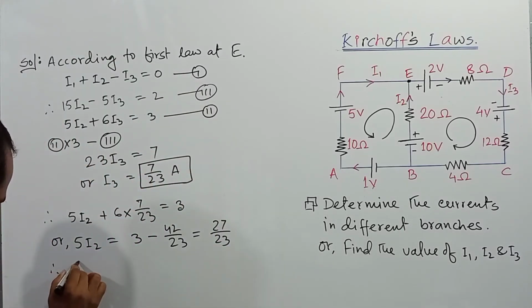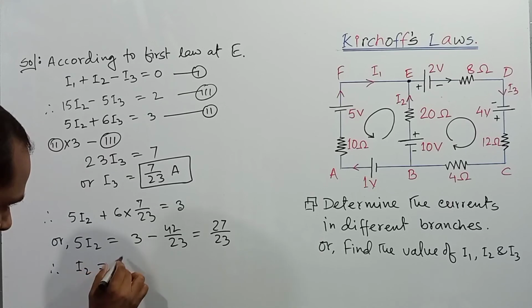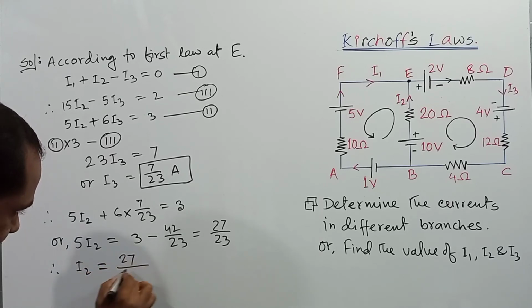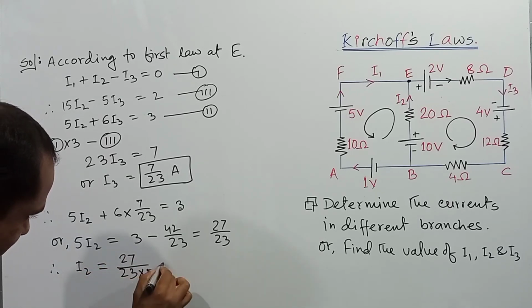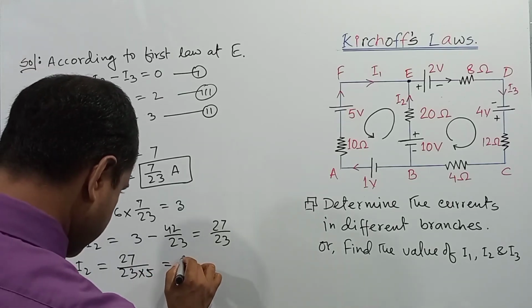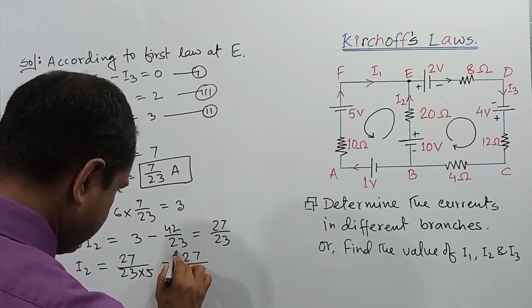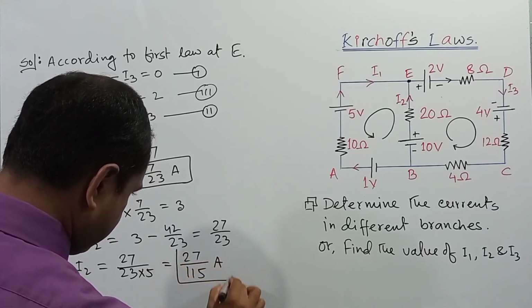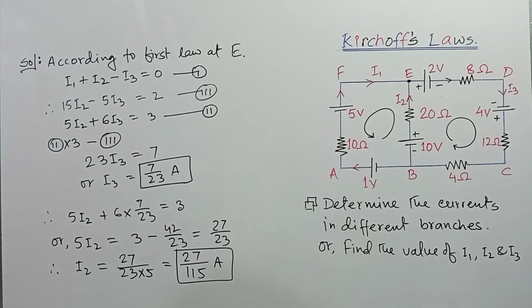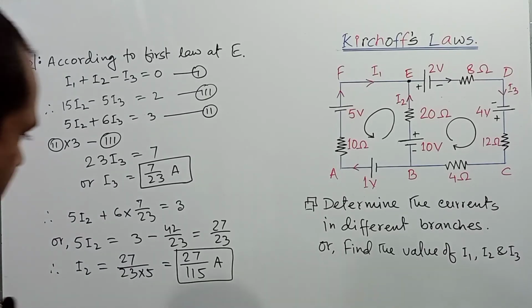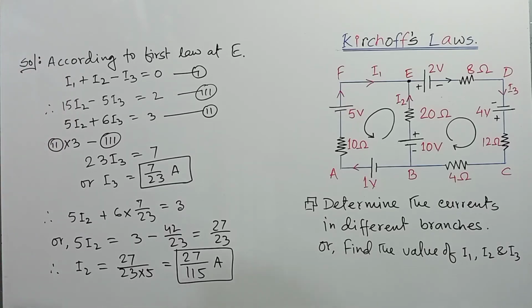Therefore the value of I2 is equal to 27 divided by 23 multiplied by 5, so it will be 27 by 115 ampere. So this is the value of I2.